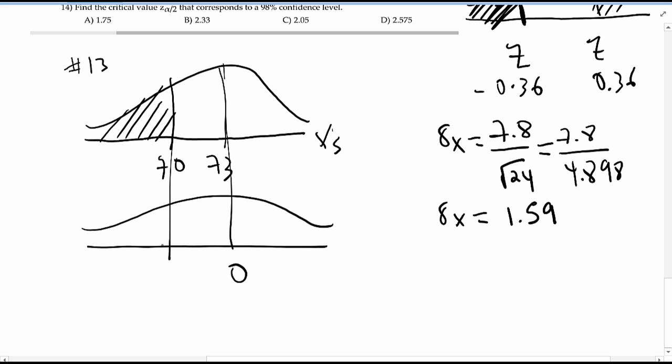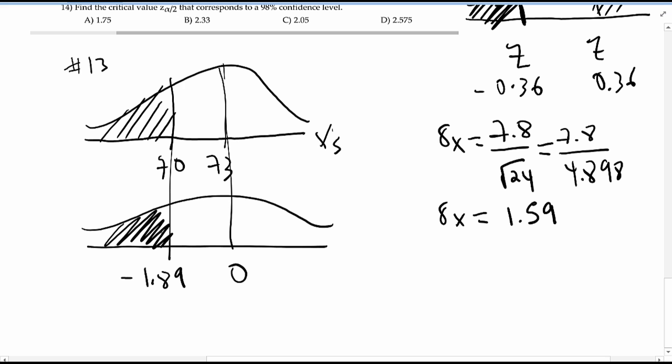The z-score of 70 is going to be 70 minus 73 divided by 1.59. That gives me negative 1.89. Negative 1.89, and we want this area.